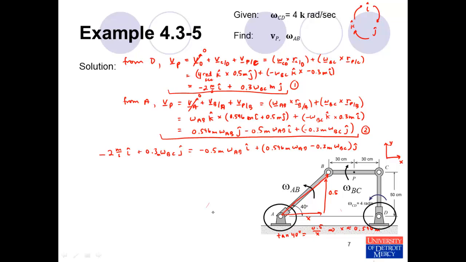So looking at this equation, we have two unknowns, omega BC and omega AB. And it may look like we have only one equation, but in fact we have two, because in order for this equality to hold, the i direction components must be equal and the j direction components must be equal.